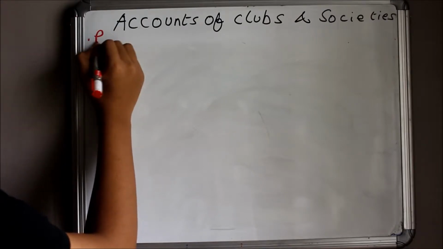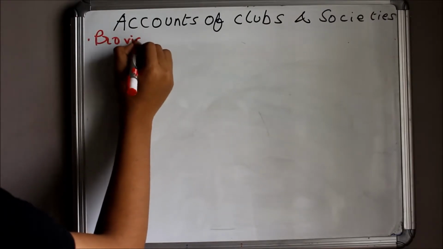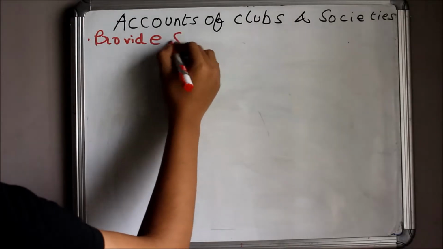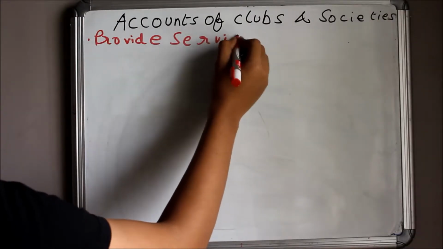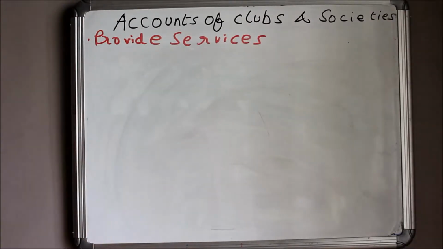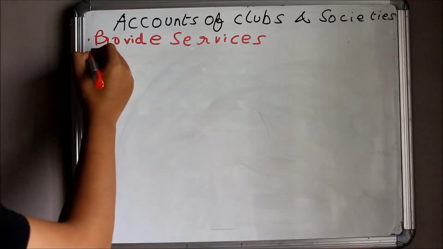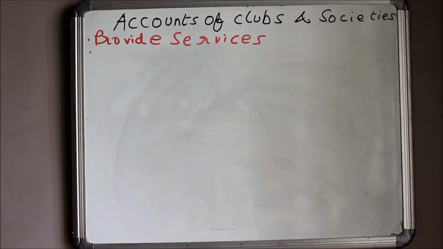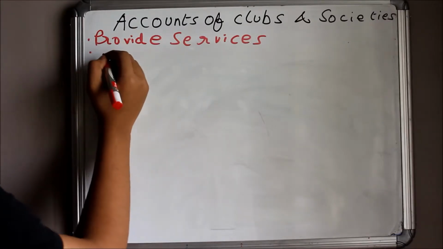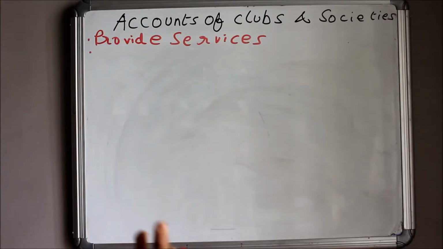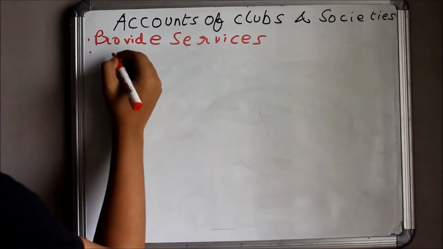So, and the main source of income is not sales. It's similar to sales, but in the terms of accounts of clubs and societies, we are gonna say that they're subscriptions basically, which is equal to the term related to the trading account, which is sales.